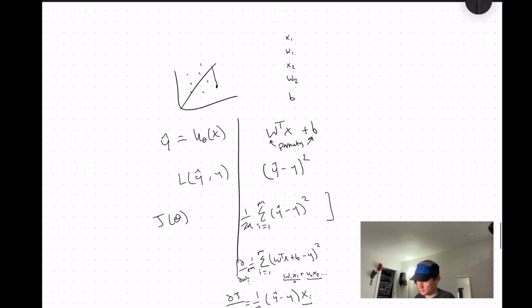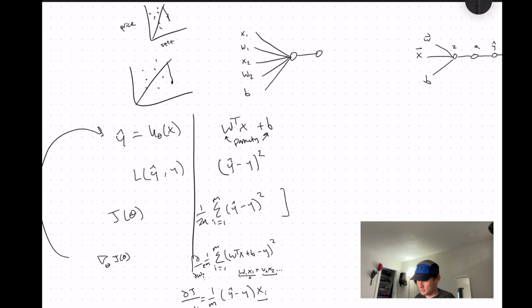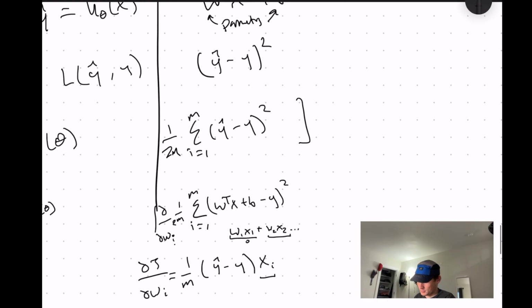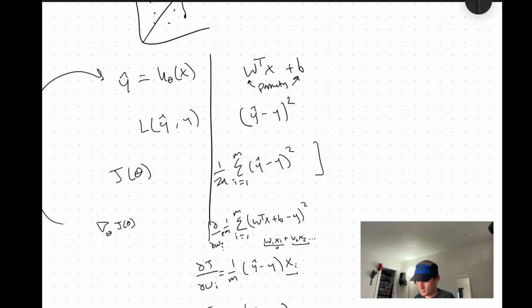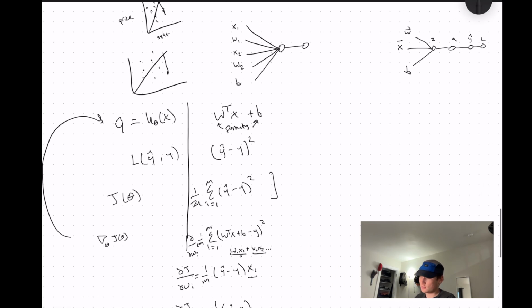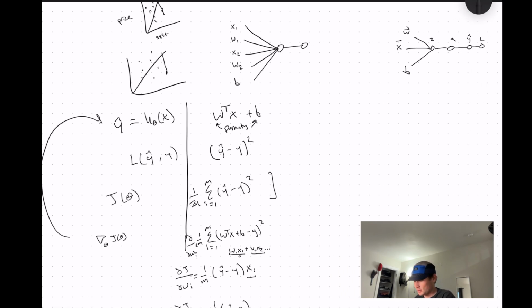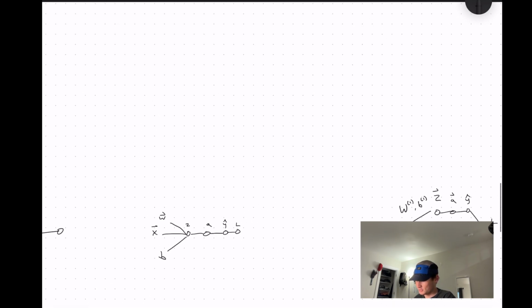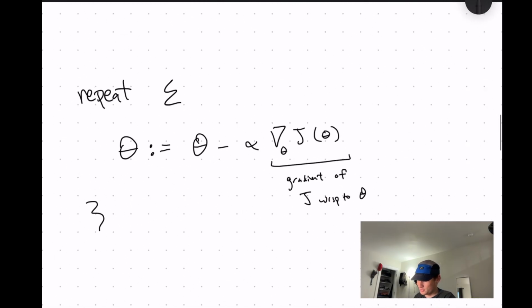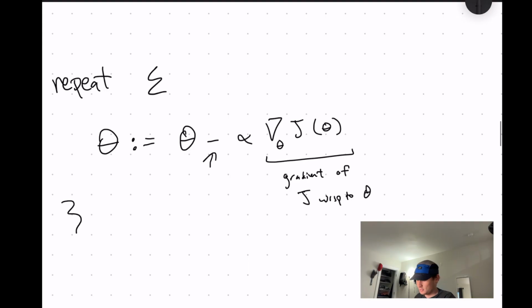And so you can theoretically graph it and say, what w's and b's do I want to use so that J is as low as possible? And so the gradient, by definition, is the direction of steepest ascent. So we're just going to update our parameters in the negative direction.